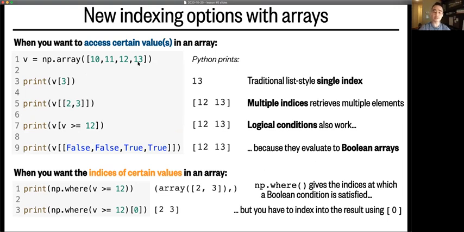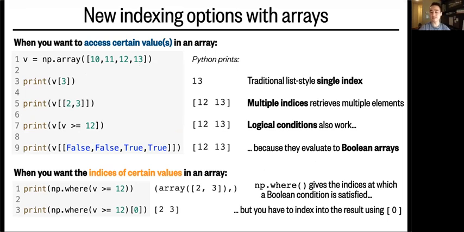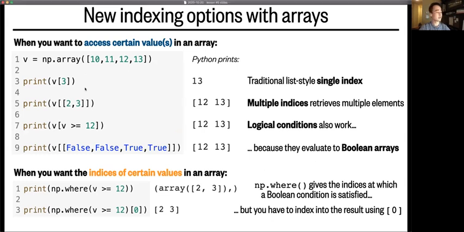But now you also have the option of selecting multiple values using a list of multiple indices. So here we have these outer brackets to say that we're indexing, and inside our inner brackets to say that this is a list, index 2, index 3. And indexing using that list gives us elements 2 and 3, which are 12 and 13.